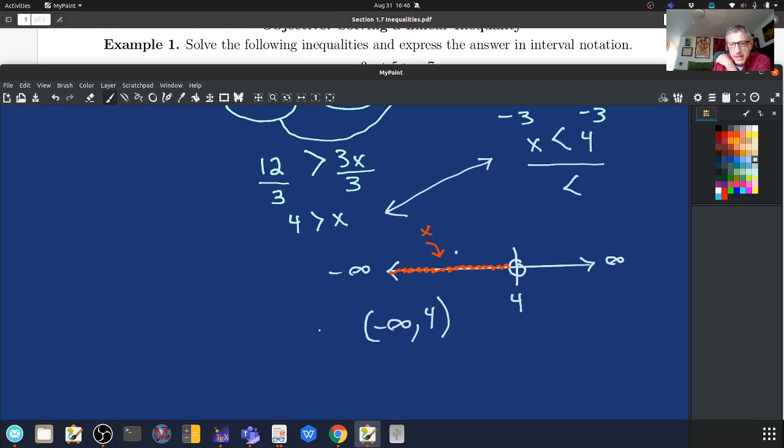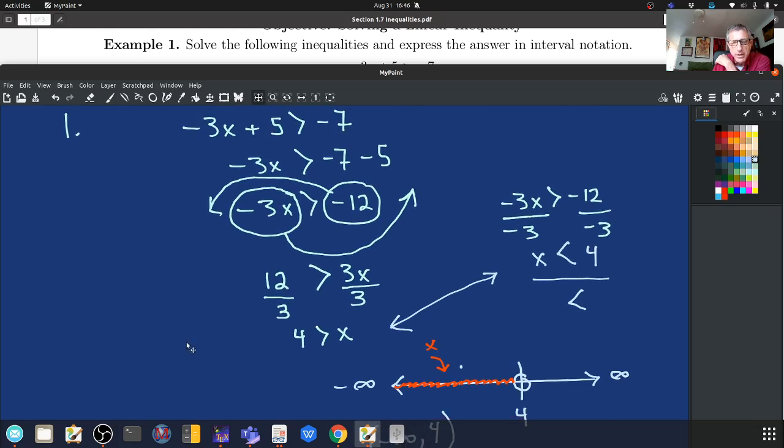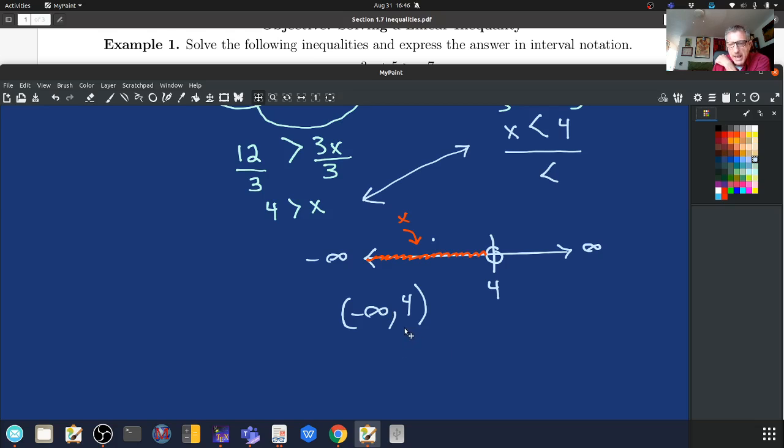So this is the answer in interval format to my original inequality, minus 3x plus 5 is greater than minus 7. What it means is any x in this interval, or on the number line there, and there's an infinite number of them, if I plug an x in this interval, then that original inequality will be true.